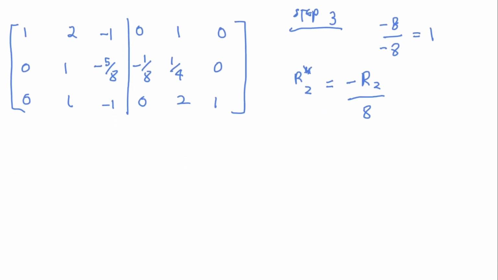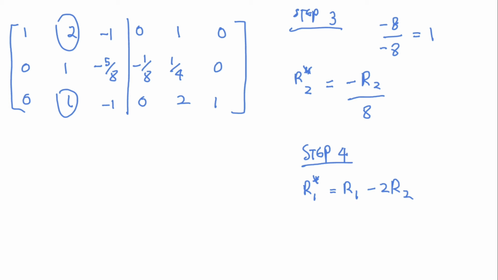For step 4, you want to obtain the elements here and here into 0. So for row 1, the new one is the original one minus 2 row 2, since 2 minus 2 is 0. And at the same time, for row 3, the new one is equal to the original row 3 minus row 2, since 1 minus 1 is 0.